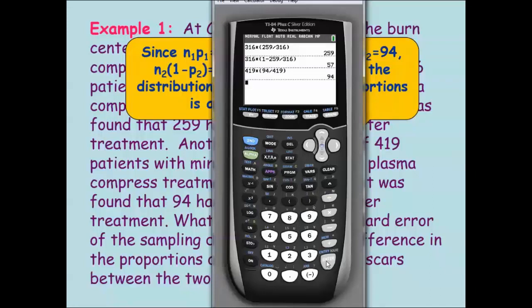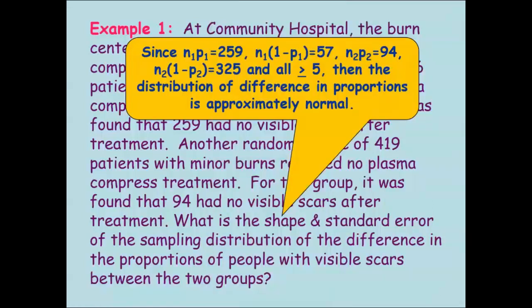And then the other second sample, so for the 419 times 1 minus the 94 divided by 419, that's where we get the 325. So anyways, a lot of words to basically state that we're definitely bigger than 5 on all 4 of those calculations. So we're definitely dealing with some sort of normal distribution.